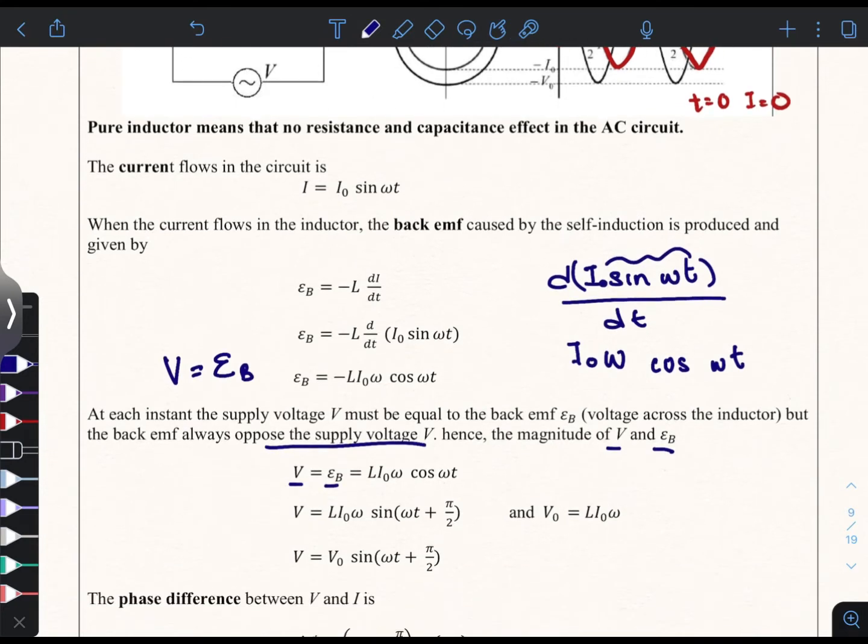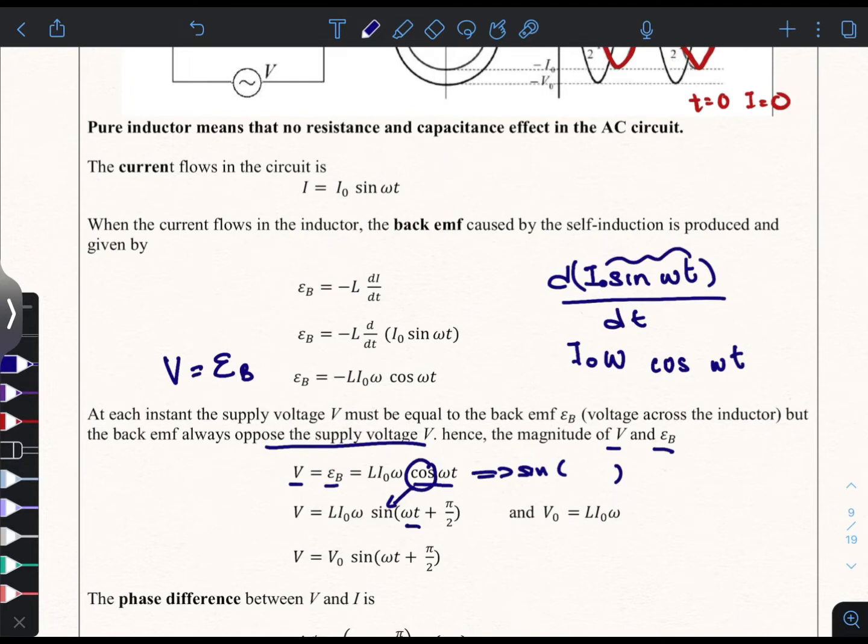To change this cos omega t into sine, the angle becomes omega t plus pi over 2, sebab kita nak tukar shape cos ni pergi ke shape sine.